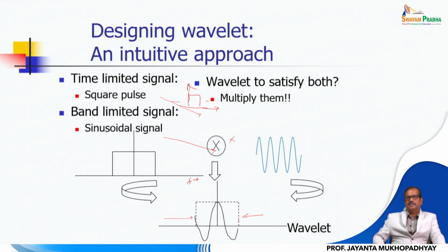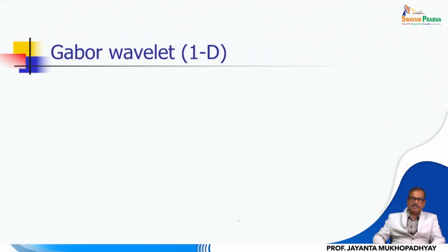So this is a candidate for a wavelet. In this way, you can design a wavelet. You should note here that the DC component is equal to 0 with this kind of wavelet, so you are choosing functions in such a way. Using this kind of intuitive reasoning, we define different kinds of wavelets, and then we can analyze and find out their mathematical properties, and apply those mathematical properties in signal analysis.